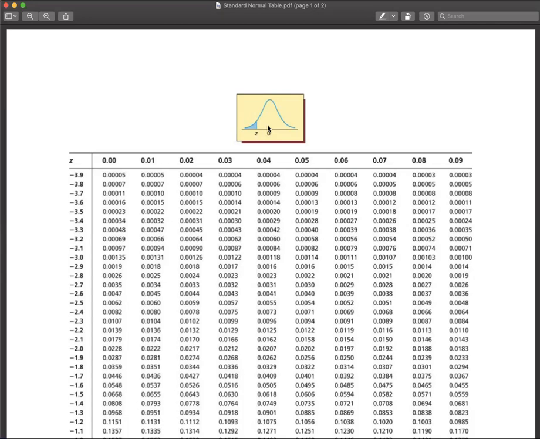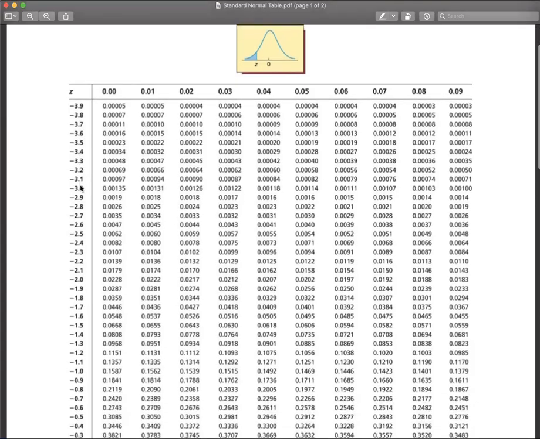we look for -1.1, the value up to the 10th digit in the first column, and we can find it here. And to find the exact area to the left of -1.15, we will move to the right until we find the intersection with column header 0.05.